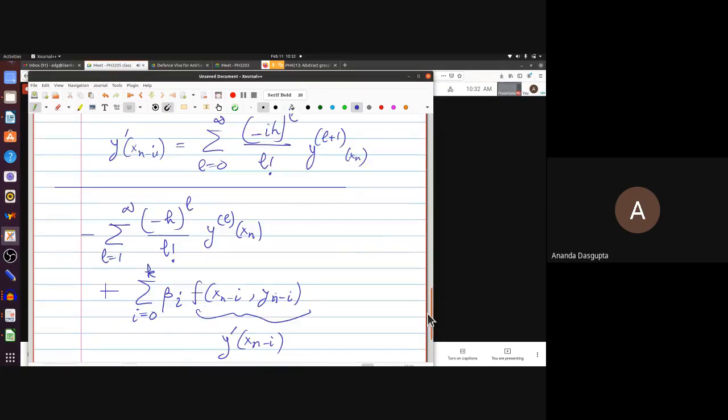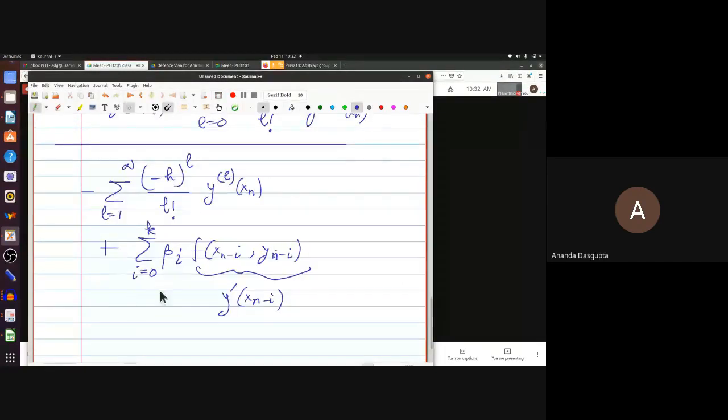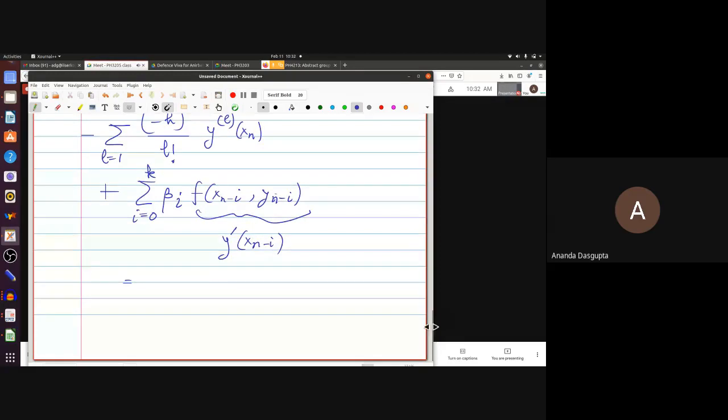So if we plug that in, what I'm going to get is, I'm just running out of space here, so I will just write the second term. Leave the first term as it is, because that's something we have already handled.